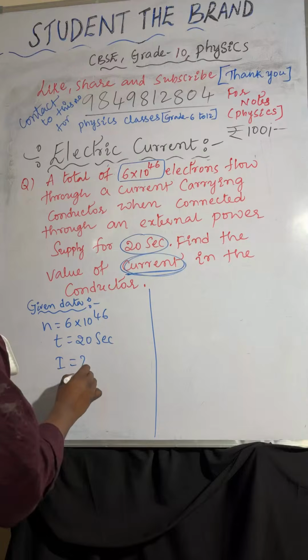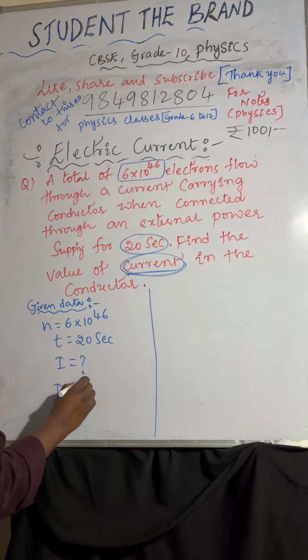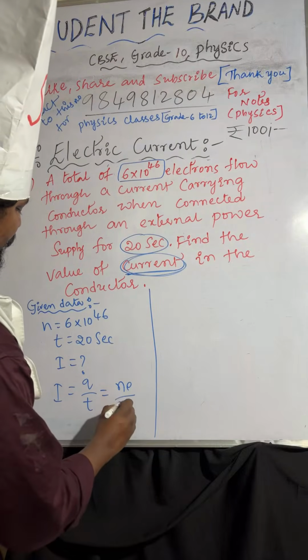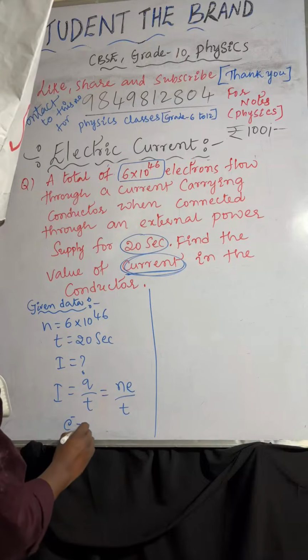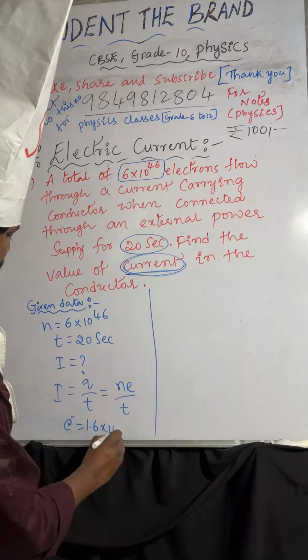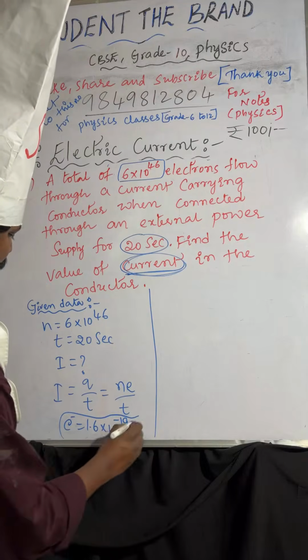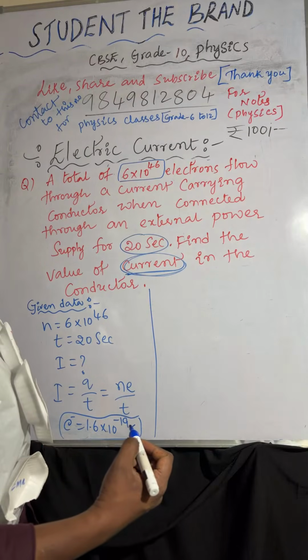So in the conductor, normally we know I equal to Q by T, Q equal to NE by T. So we know E equal to 1.6 into 10 power minus 19 coulomb. So one electron has 1.6 into 10 power minus 19 coulomb.